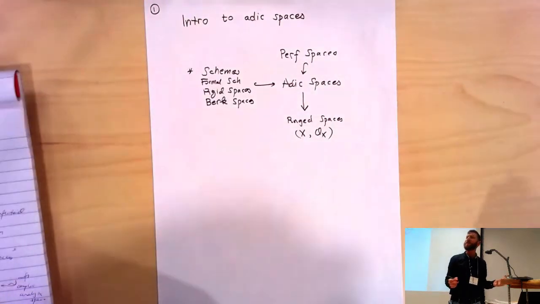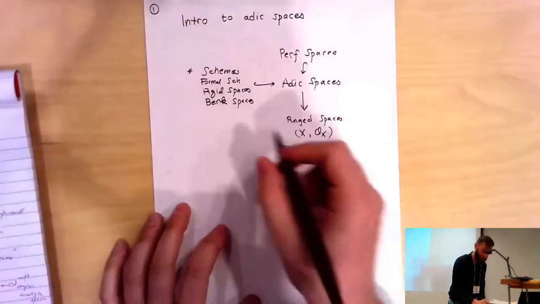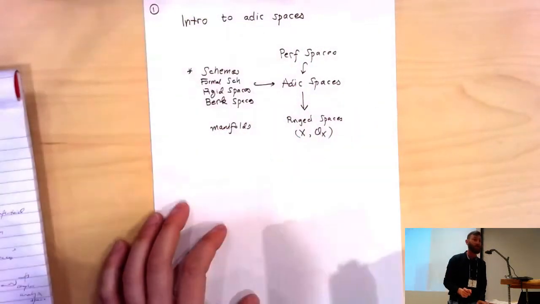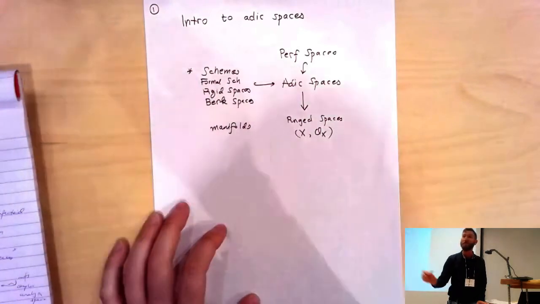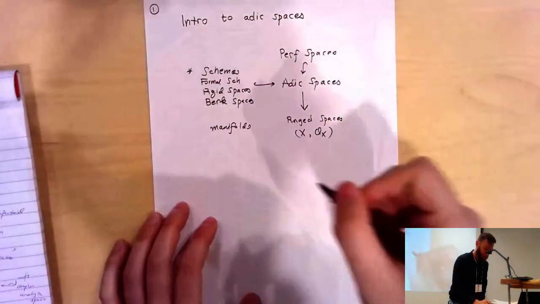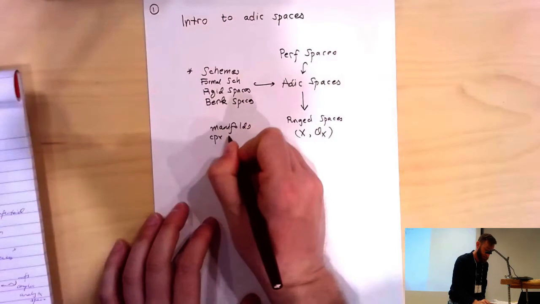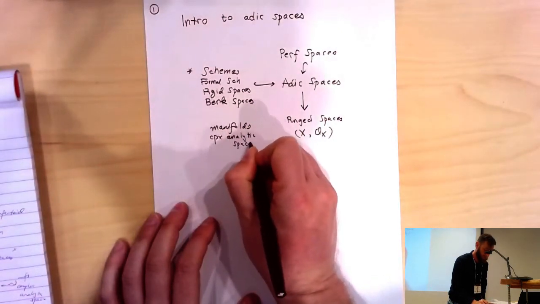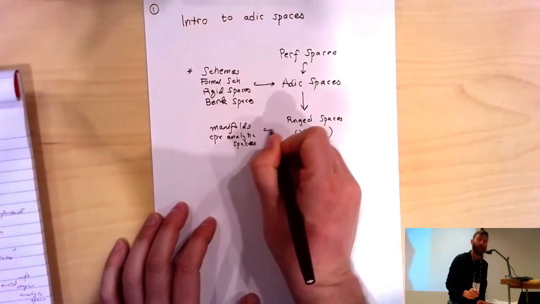And so many categories that you already know are like this. Manifolds of whatever sort, continuous, differentiable, smooth, symplectic, whatever, or complex analytic spaces. These are all kinds of ringed spaces, right?